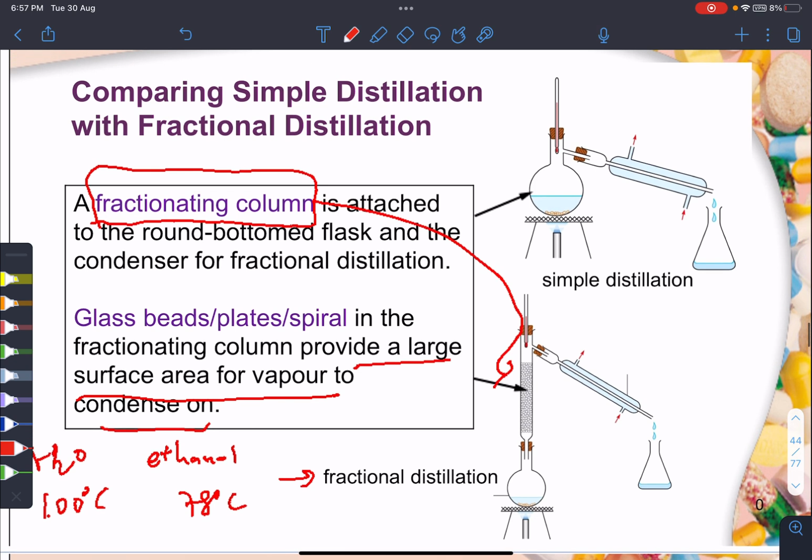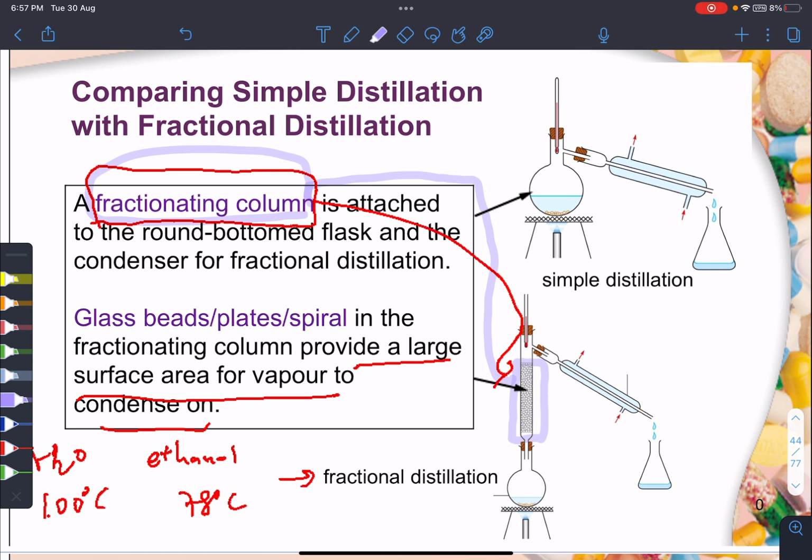The difference is this extra thing here, called a fractionating column. Spelling is very important. They can ask you to label. If you write fraction column, wrong. Fiction, also wrong. It must be fractionating.